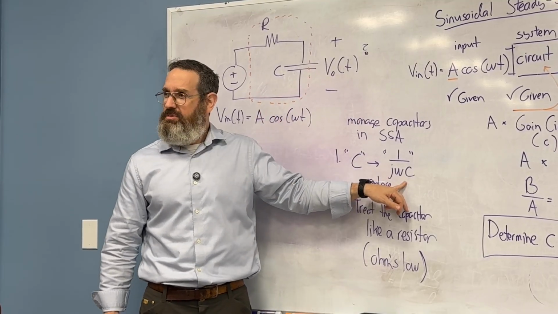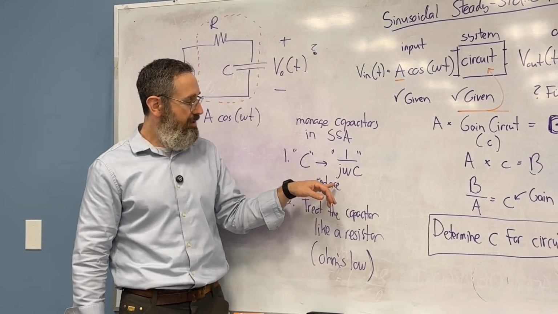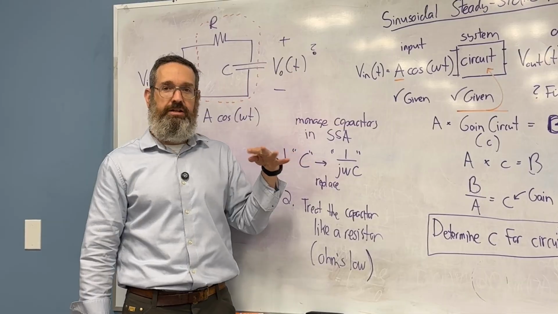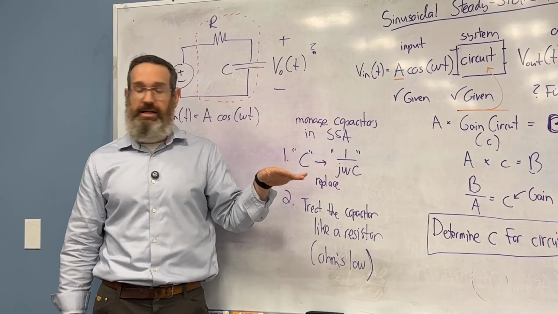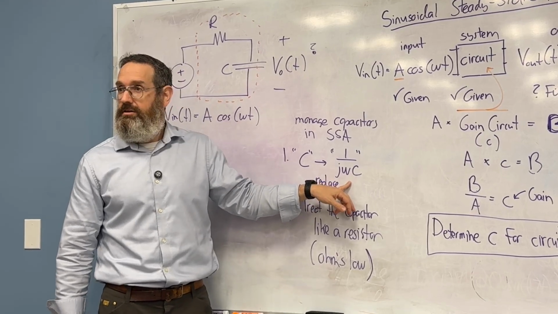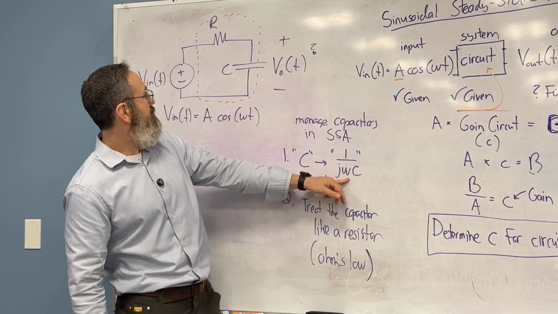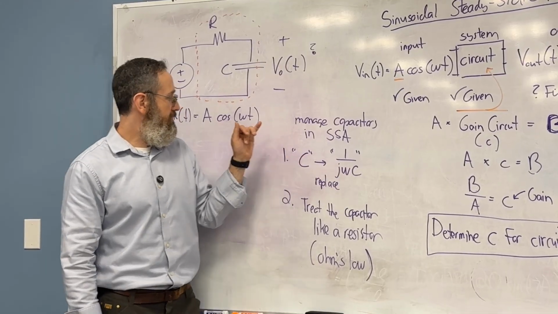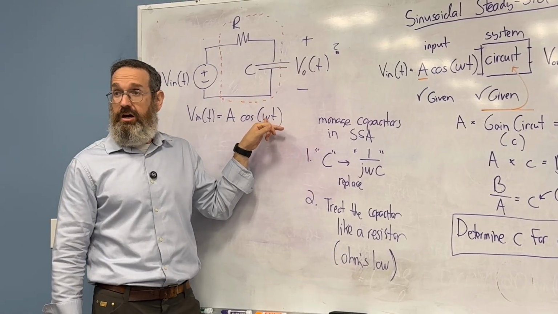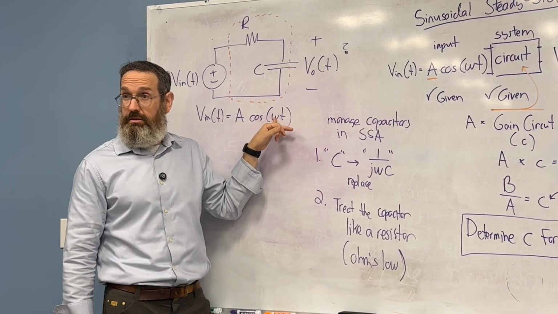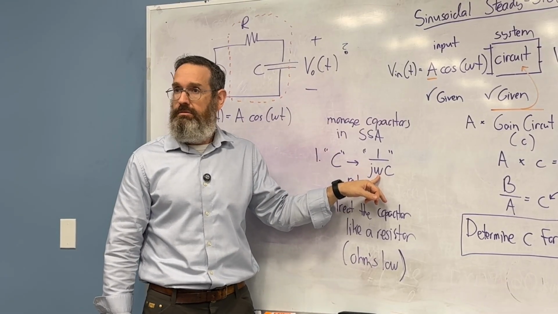And have you seen this before? You did, right? Now, this is odd. First of all, is that W? Well, this W is the input. This is the frequency of the input, so why is it showing up inside the capacitor? That's odd.